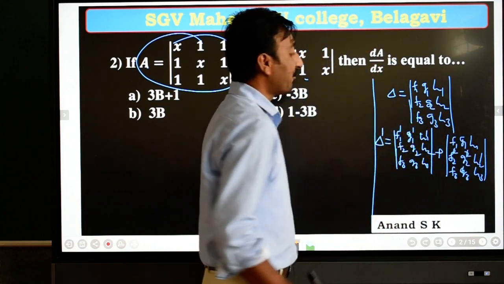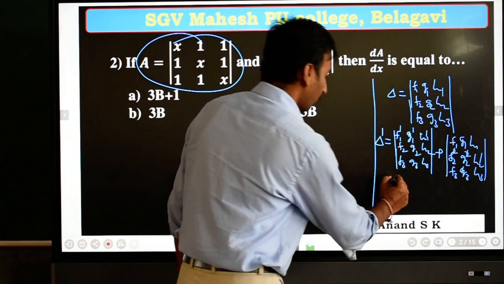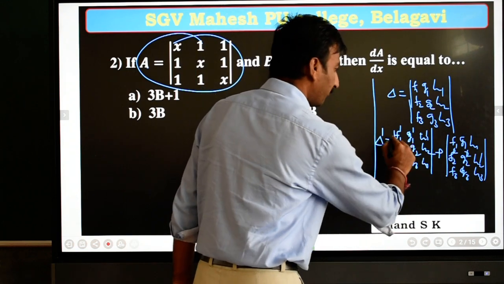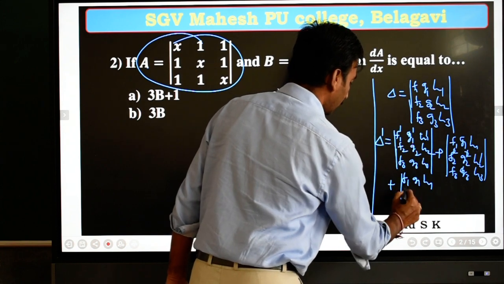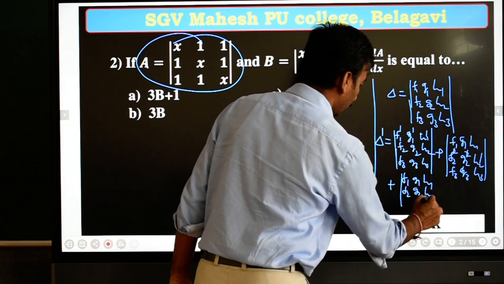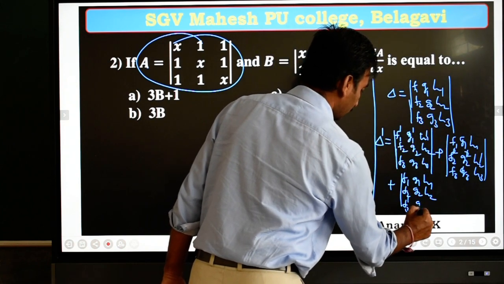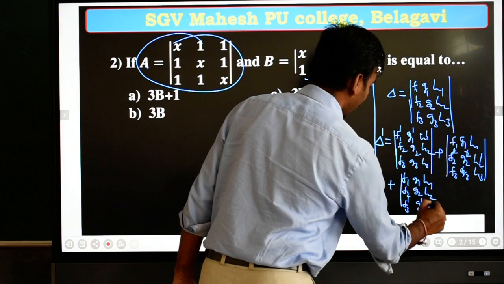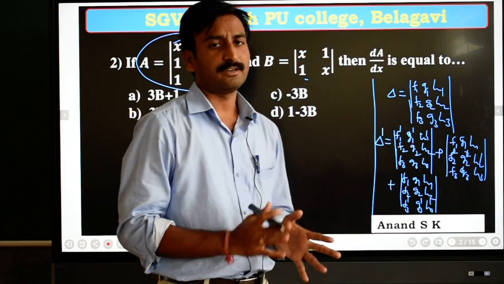Plus finally, write the first and second rows as they are, f1, g1, h1, f2, g2, h2, and then differentiate the last row, f3 dash, g3 dash, h3 dash. This is how you can find the derivative of any determinant, correct?